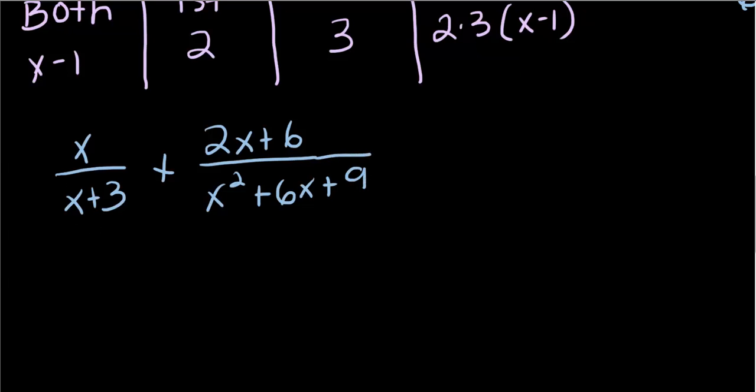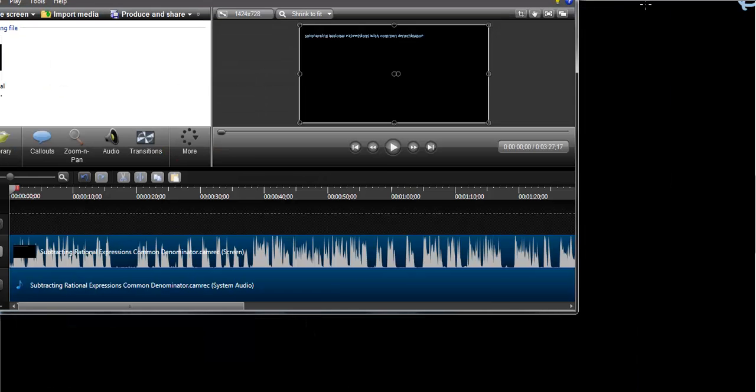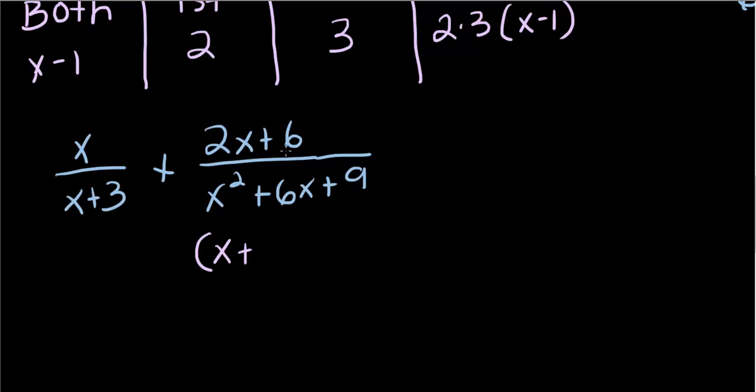Now this one I can't factor, it doesn't have a greatest common factor or anything in common, it's just x plus 3. But I can factor this as x plus 3 times x plus 3. I'm sorry about that.